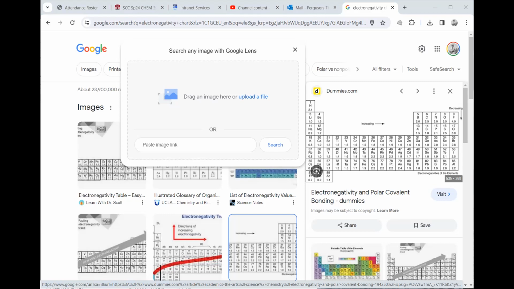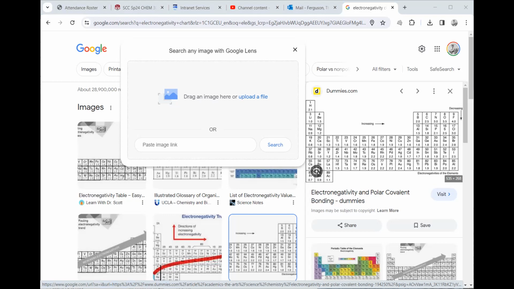If it's greater than or equal to 0.5, this is considered a polar bond. If it's 2, it's considered an ionic bond. It's so incredibly polar.